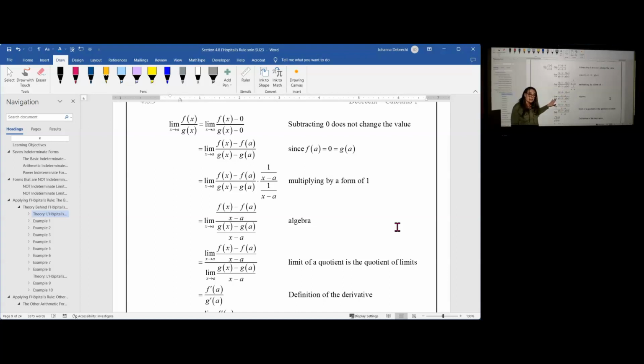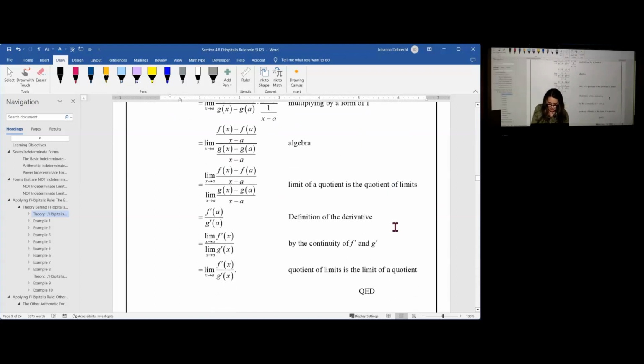Then we can use the limit laws that say the limit of a quotient is the quotient of the limits to split the limits apart. But the numerator is the definition of f prime, and the denominator is the definition of g prime, which tells us that we have f prime of a over g prime of a.